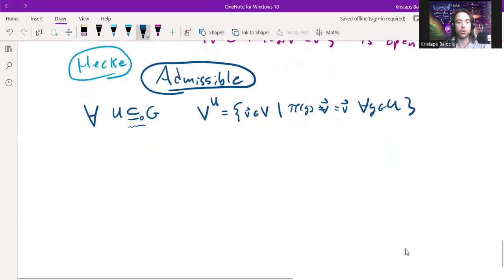So we're allowing the possibility that our representation is infinite dimensional, but it's got these little finite dimensional pieces to it.